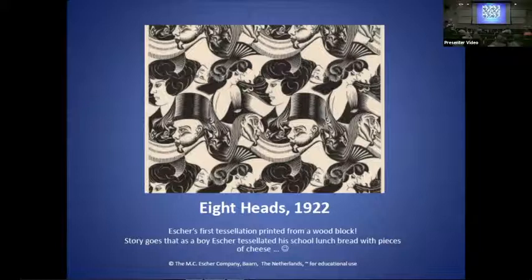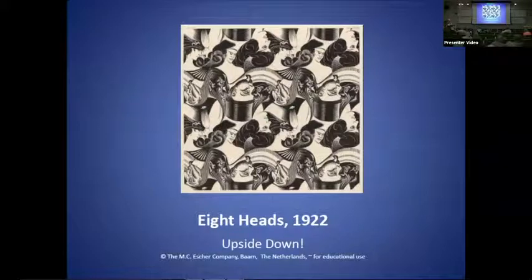You can see the other four heads if you look at the pattern upside down, which this is. So now you see this woman and this woman, or maybe it's a man, and you see this grotesque guy and this grotesque guy. So there are actually eight heads that get repeated in this pattern.